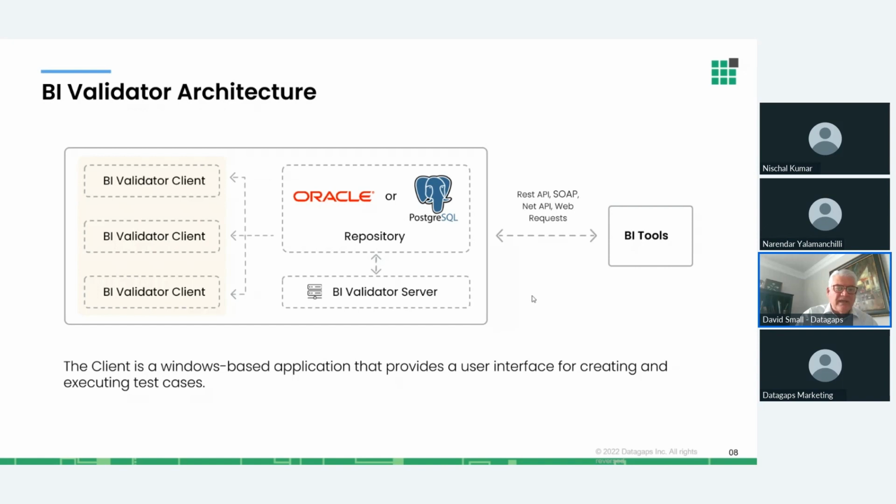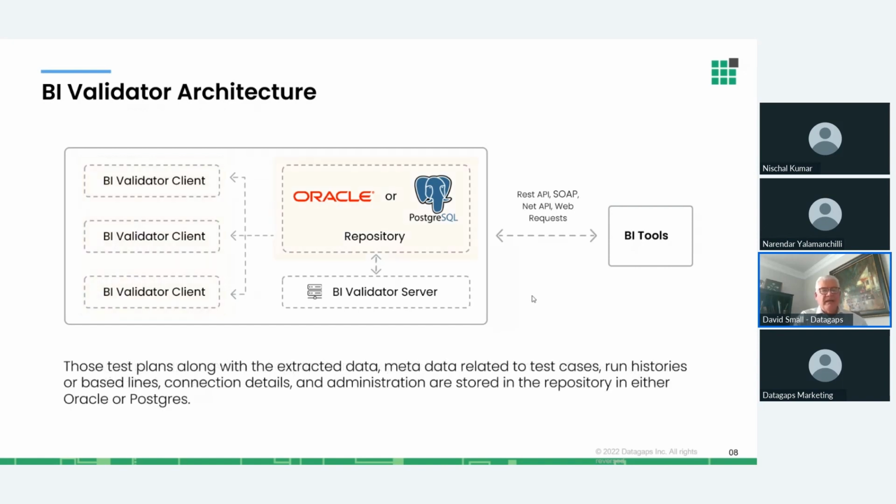And through that interaction, there's information that gets stored in the repository. So the test cases, prior runs of the test cases, the credentials for logging into your data analytics platform in Postgres repository, or some people use their own version of Oracle for that repository. So metadata gets stored there and a variety of things along those lines.